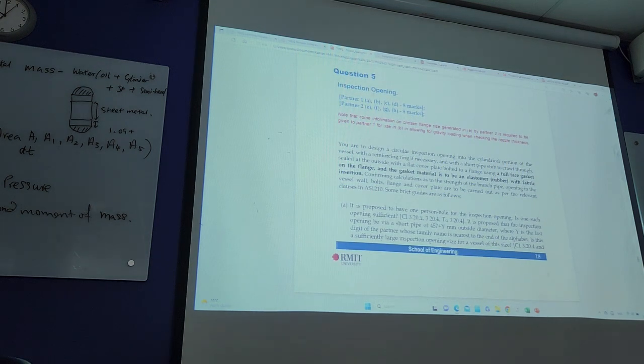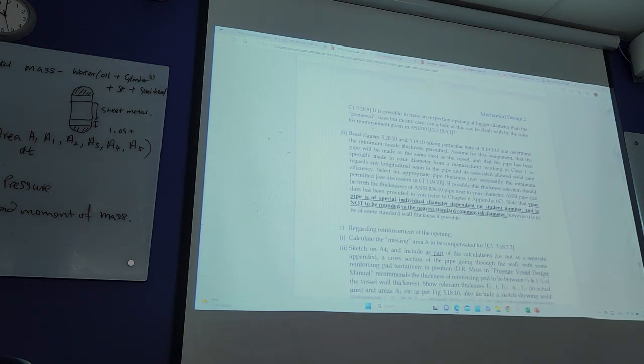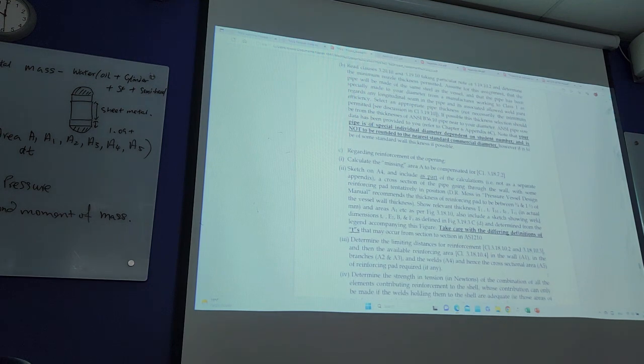To achieve 85% weld efficiency, find the proper welding methods. Then question 5, as I shared with you, inspection opening, determine the flange cover, and also the opening, about the area, A1, A2, A3, A4, A5, in case you use reinforcing ring. Followed by the bolt that you use.